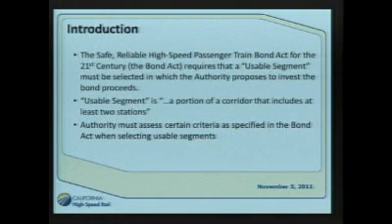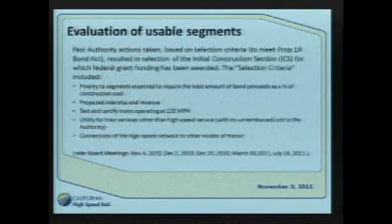So on the introduction, the Bond Act requires that a usable segment must be selected in which the authority proposes to invest bond proceeds. The definition of a usable segment in the Bond Act is a portion of corridor that includes at least 2 stations. The authority must also meet other criteria and describe these other criteria in the funding plan and when selecting the usable segments.